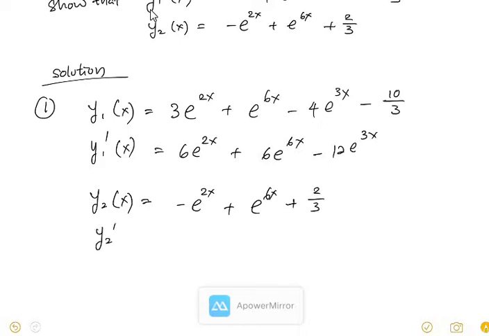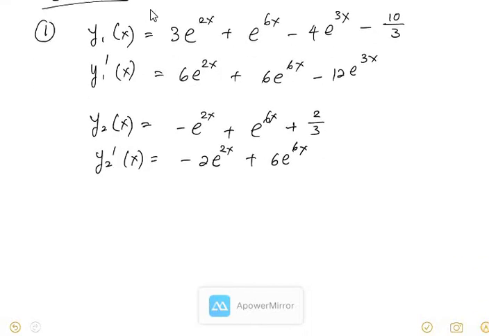So y2 prime equals negative 2e^(2x) plus 6e^(6x). This is step 1.